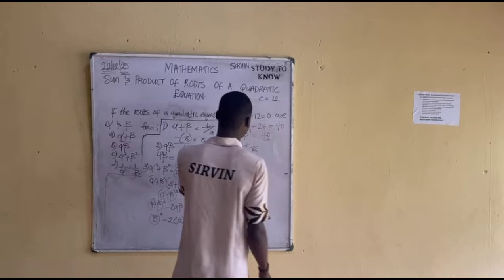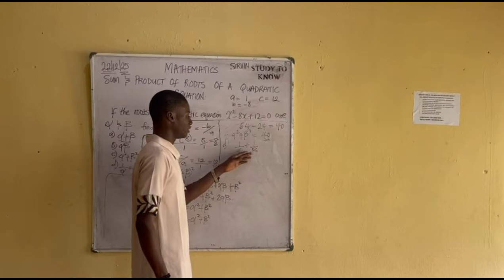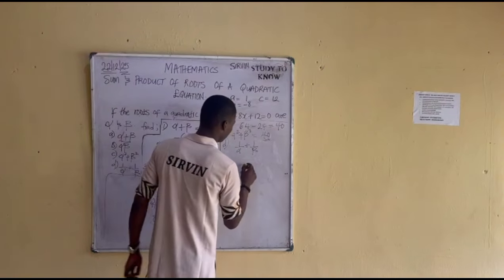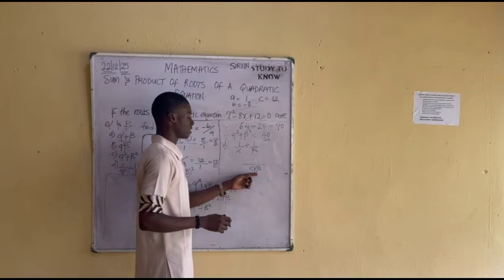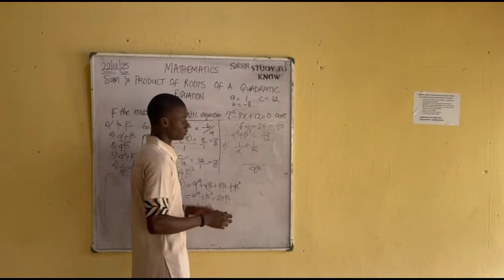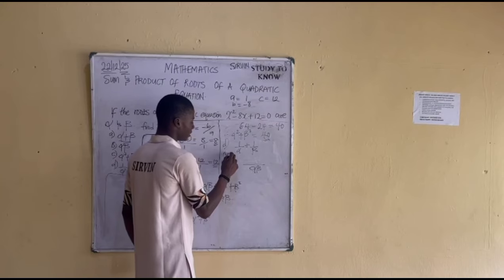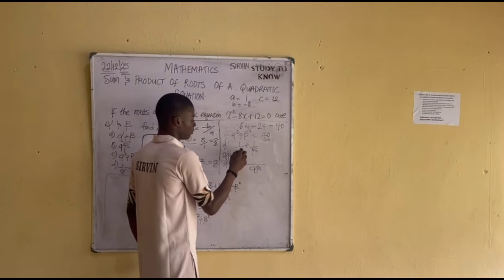Now I have different variables in the denominator, so what I want to do is multiply the two variables. So I'm having alpha beta as the LCM. Divide the LCM by the denominator and multiply by the numerator. So alpha beta divided by alpha: alpha cancels alpha, that's beta.